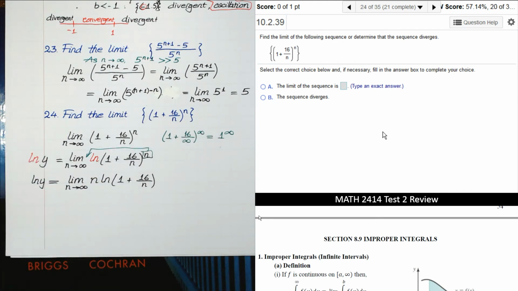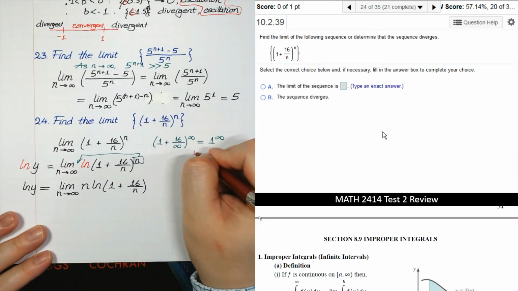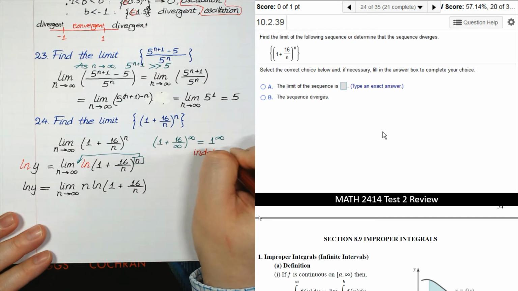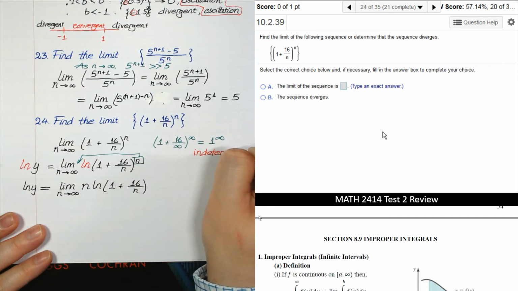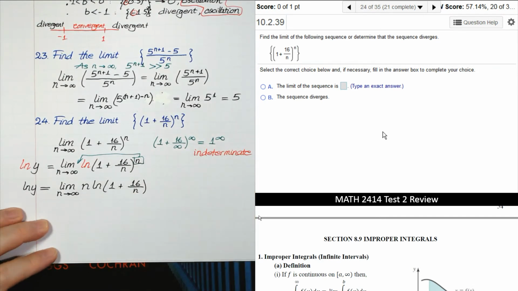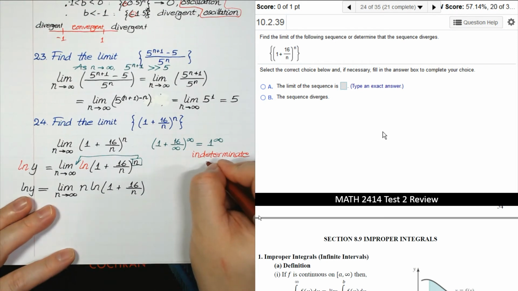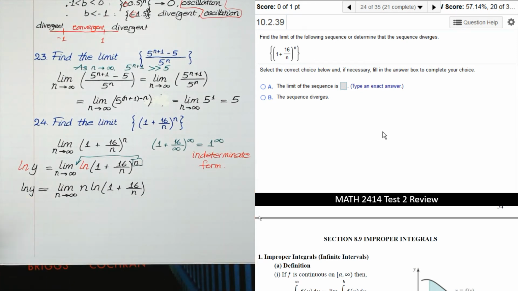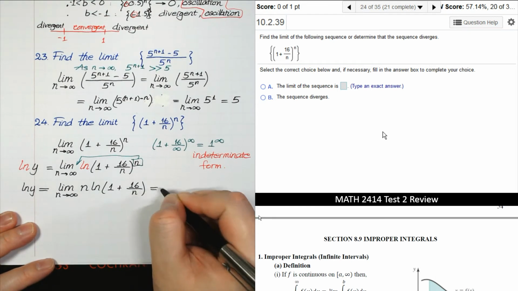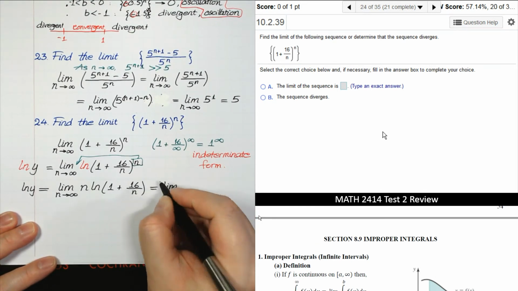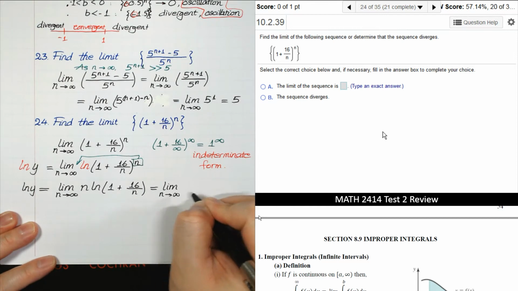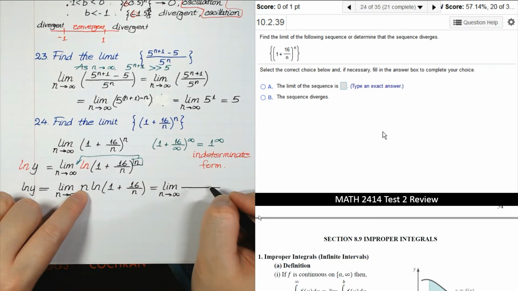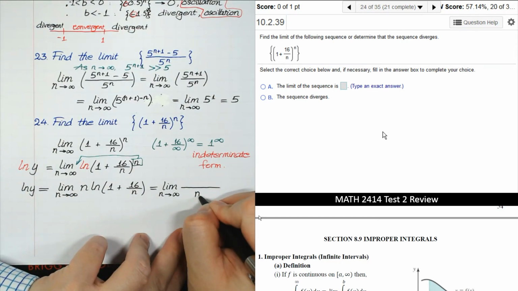Now this is indeterminate form, right? And associated to indeterminate forms is L'Hopital's rule. So in order to use L'Hopital's rule, we need a fraction. So in that case, we move the n to the bottom, it becomes n to the -1.